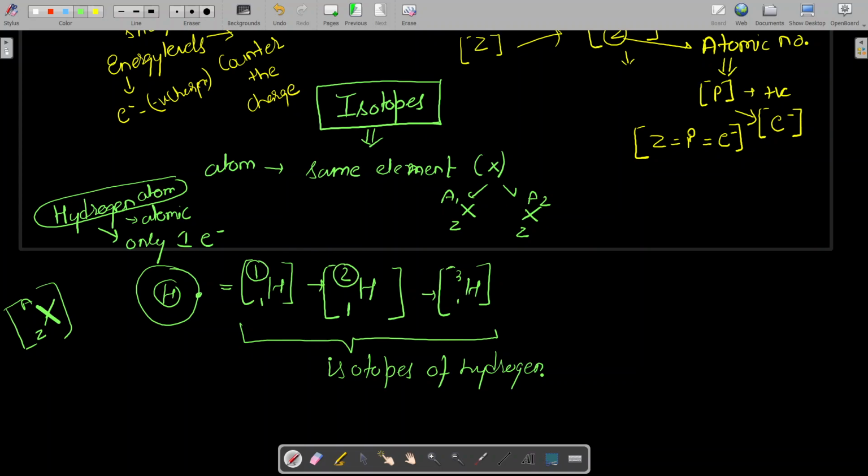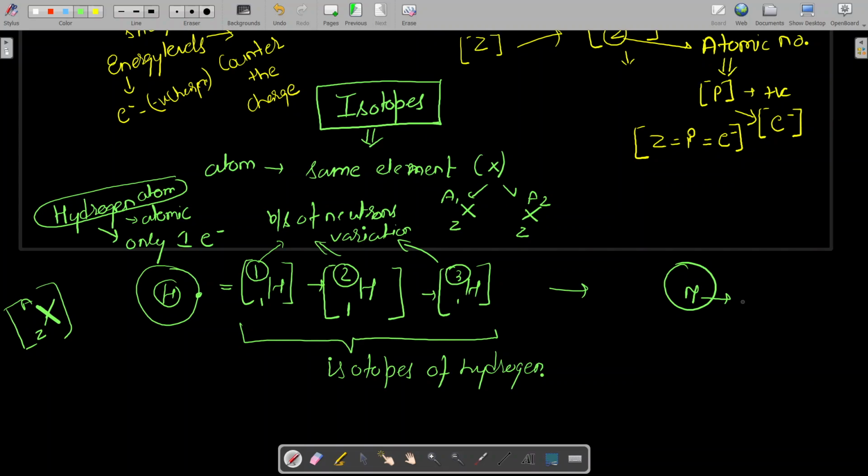Okay, now the question is this: how is that particular mass going to change? So the answer is because of neutron variation. मतलब neutron number may change in all the atoms. Neutrons are present where? In the nucleus.